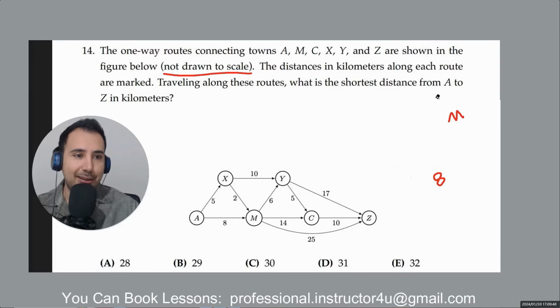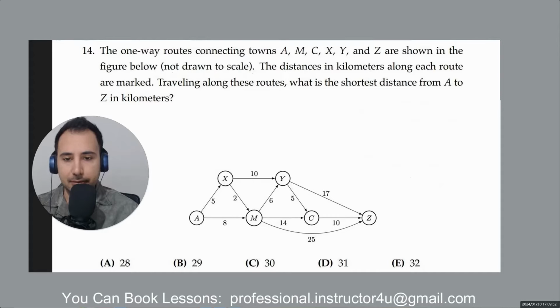So you shouldn't worry about that part. Now here, all we have to do is, for example, if I want to go from A to M, what is the shortest path? Okay, I could go 8, or I could go 5 plus 2. So the shortest path to M is going to take 7 kilometers.